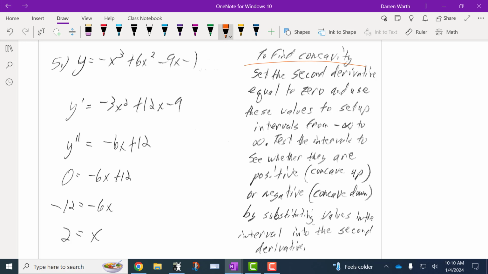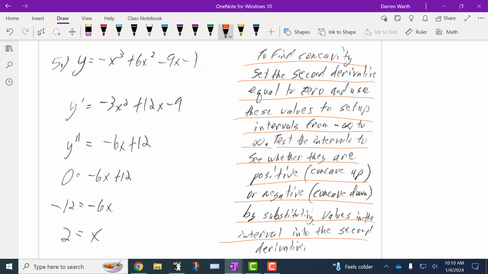To find concavity, set the second derivative equal to 0 and use these values to set up intervals from negative infinity to infinity. Test intervals to see whether they are positive, which means concave up, or negative, which means concave down, by substituting values in the interval into the second derivative. It's very similar to the critical numbers of the first derivative, increasing and decreasing, but now we're doing concavity, which is actually the second derivative.